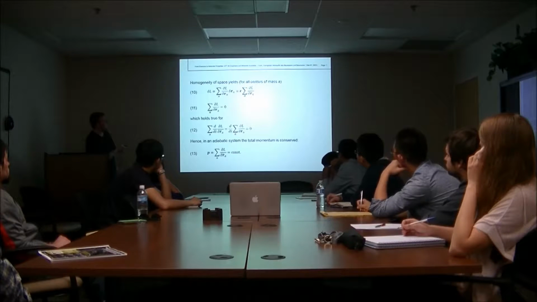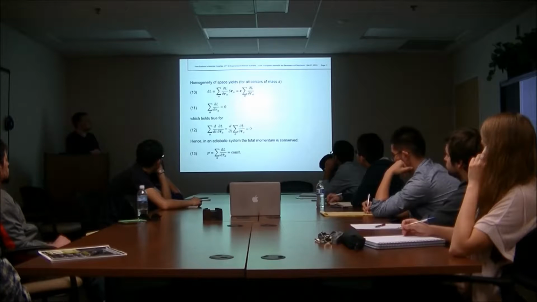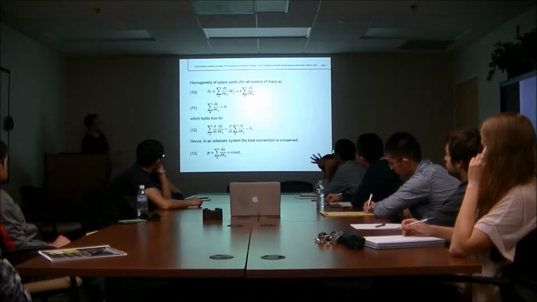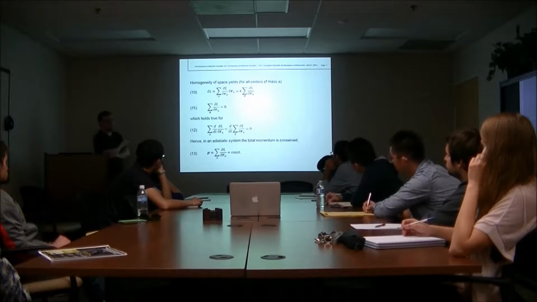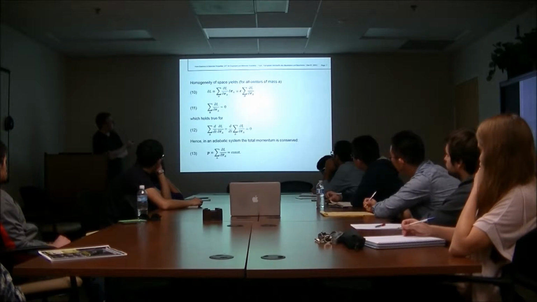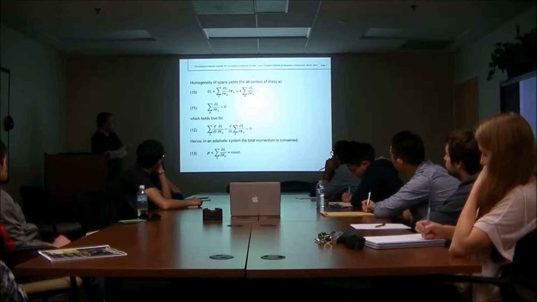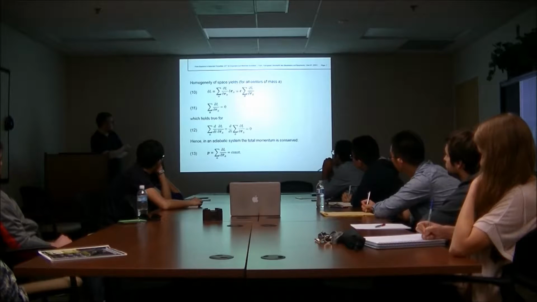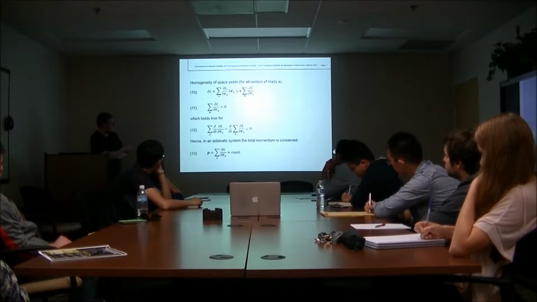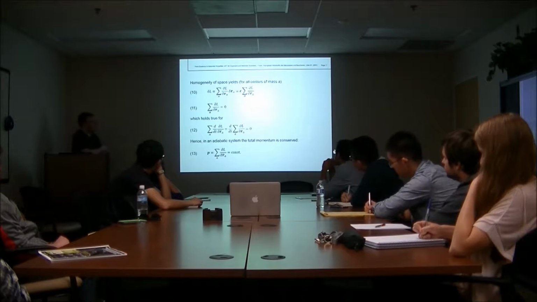So this part should be 0 if we conserve, if space is homogeneous. But this can only be 0 if this part can be 0, because epsilon can be arbitrary. So this holds true for any of these.